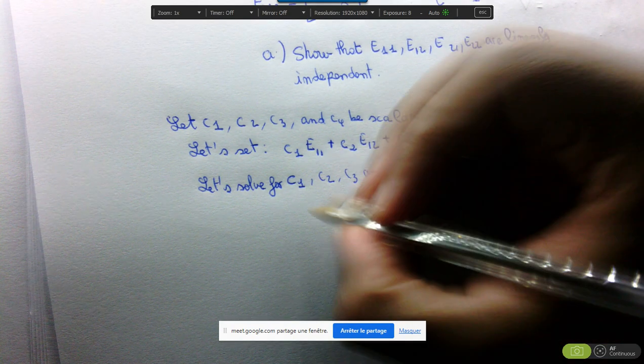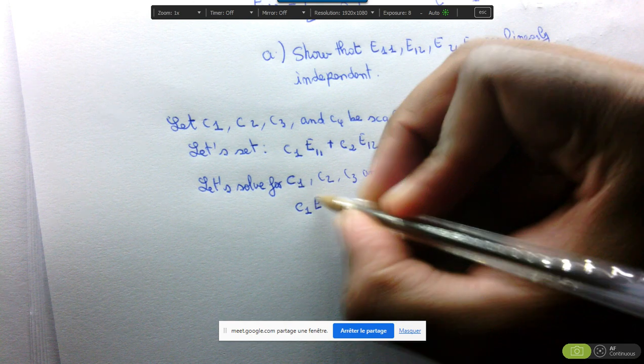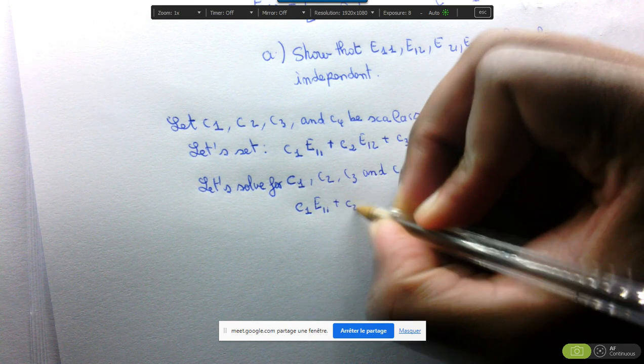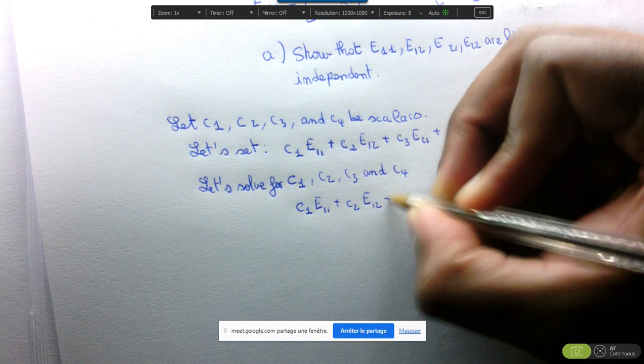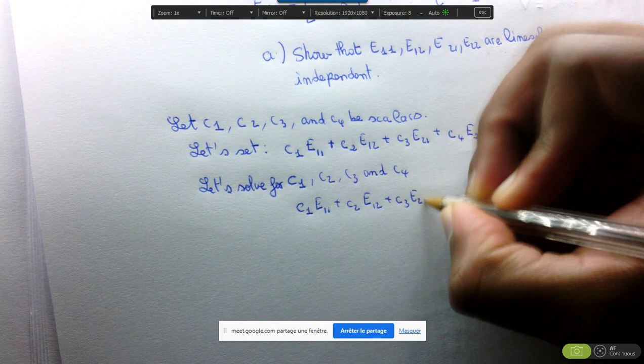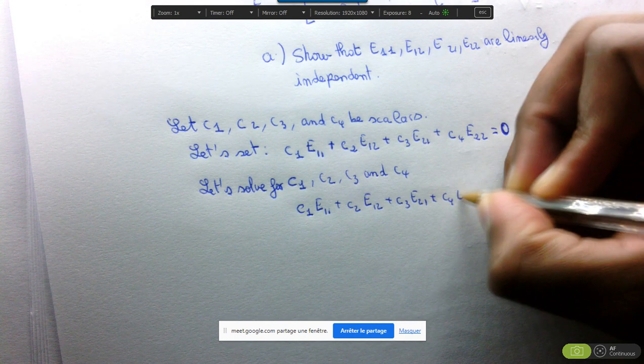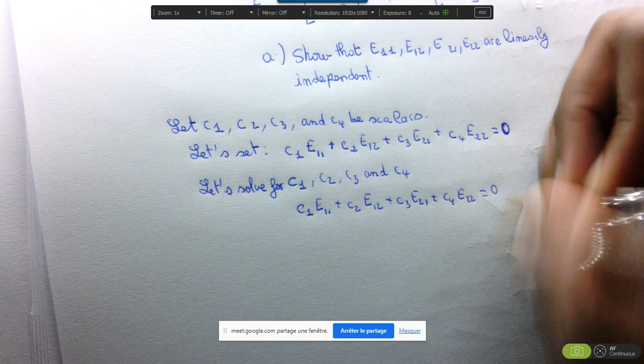So we have C1 E11 plus C2 E12 plus C3 E21 plus C4 E22 equals the 0 matrix.